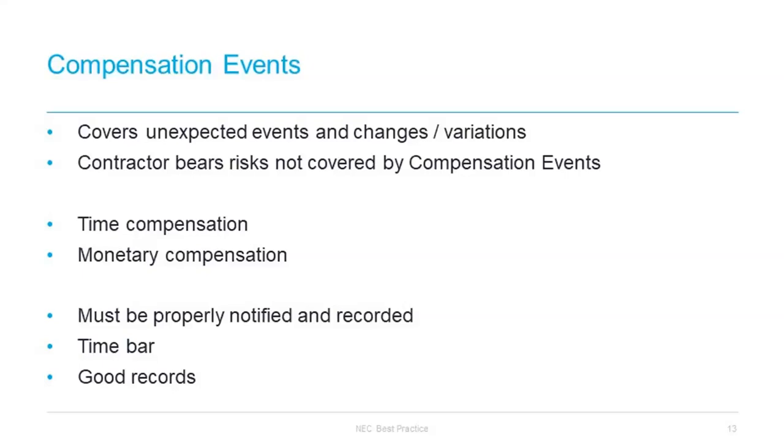At that point, after discussing with the contractor different ways of dealing with the compensation event, the employer might ask for alternative quotations, and the quotations would comprise both changes or proposed changes to the prices and any change or delay to the completion date or key dates.